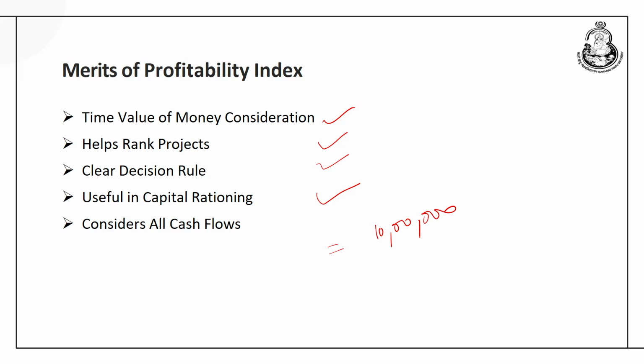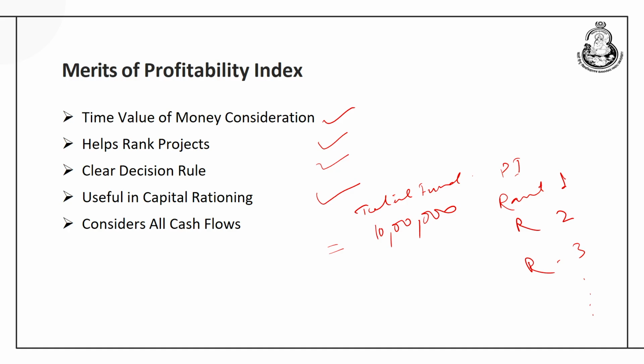So, on the basis of PI, we can provide rank 1, rank 2, rank 3 to all the projects in question. So, that is how it is helping the company in total funds and the optimum utilization of these funds.